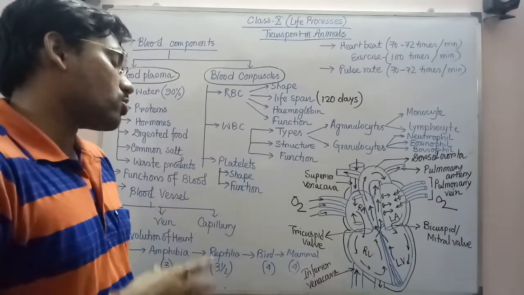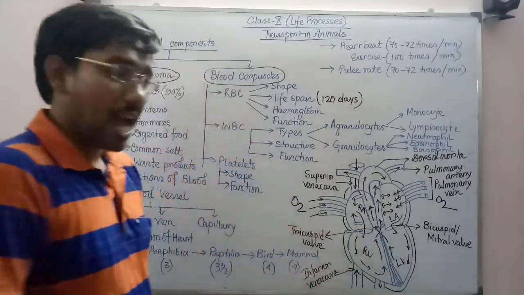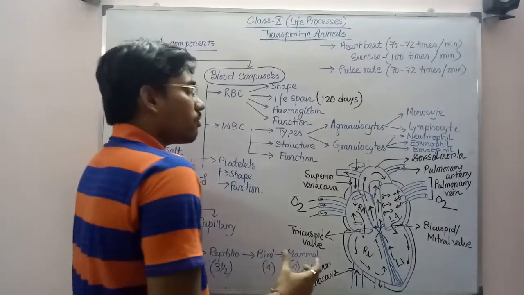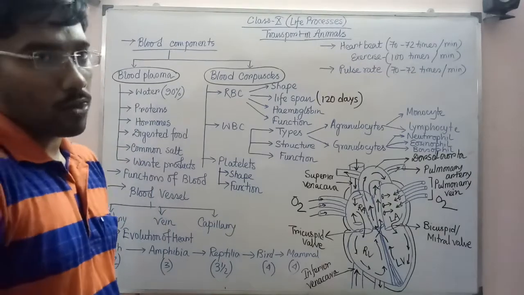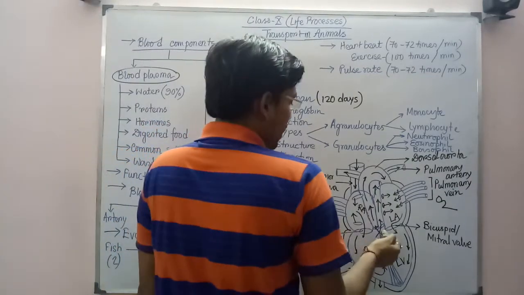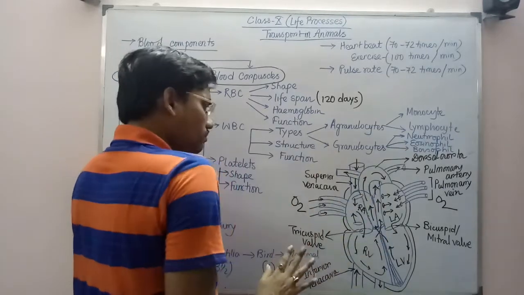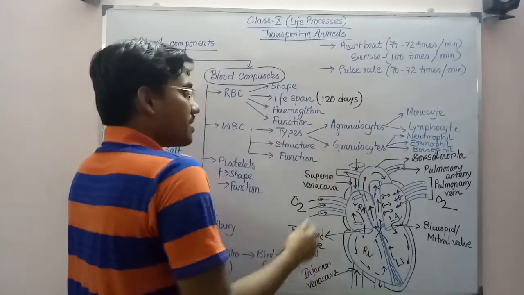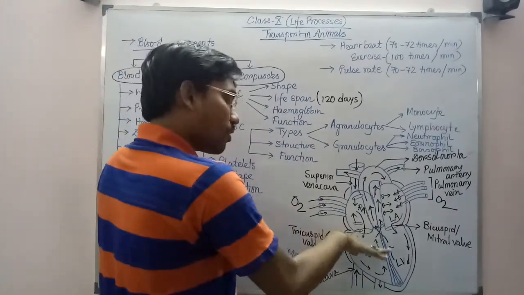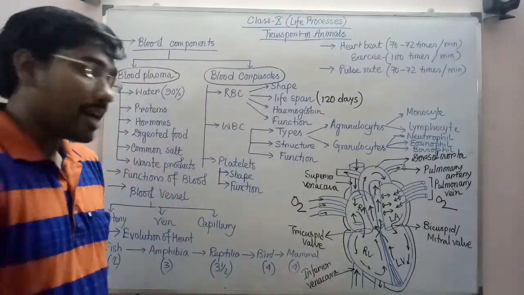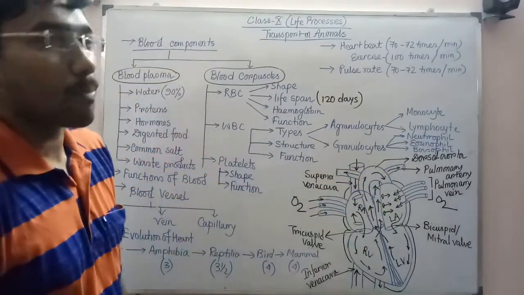Through the semilunar valve the oxygenated blood will enter the dorsal aorta, and since this semilunar valve is present in the aorta, it is commonly known as aortic semilunar valve. Now the point is, just as the blood has entered the dorsal aorta, the aortic semilunar valve will also get closed. Why? So that the blood will not come back towards the ventricle, to resist the backflow.